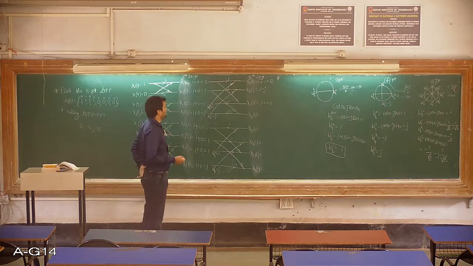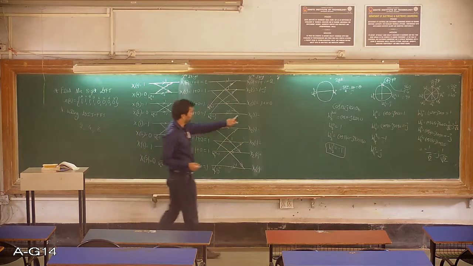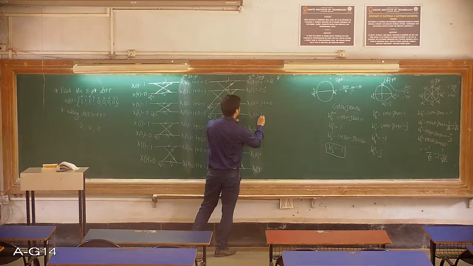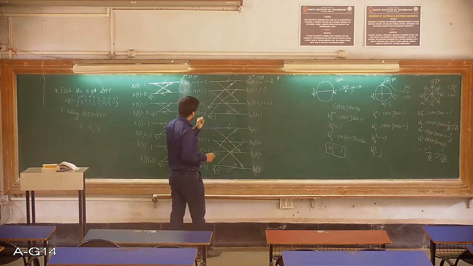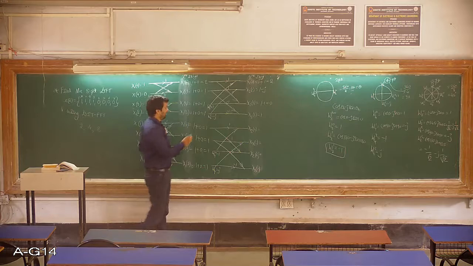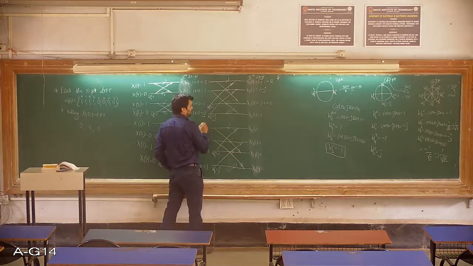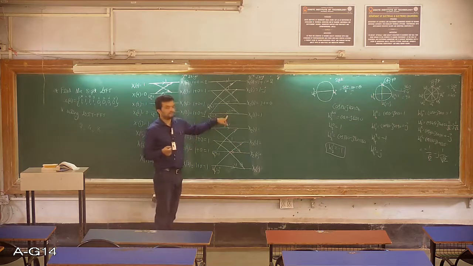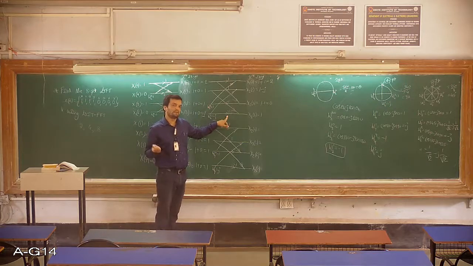The next value, this point 1, because downward direction, here it is 1. Here 1 into minus j into minus 1. 1 into minus j is minus j. Minus j into minus 1 is plus j.